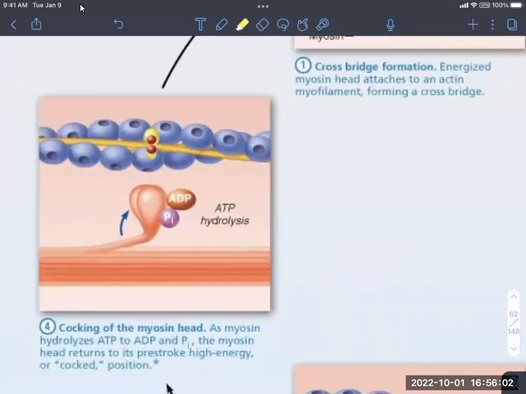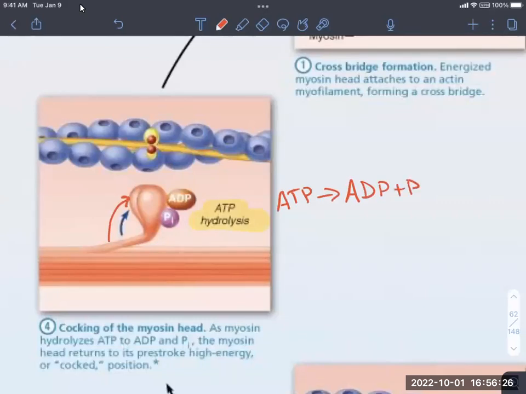So as the myosin head goes back to its normal position, this is where ATP gets hydrolyzed. It gets broken down from ATP into ADP plus that phosphate.